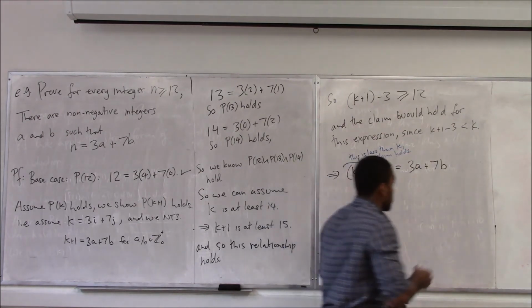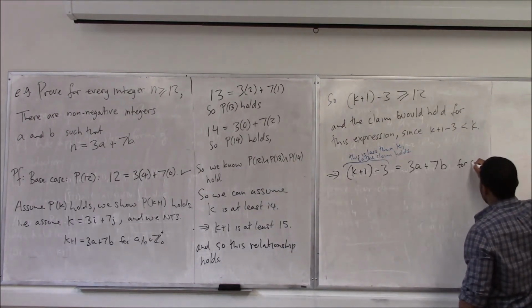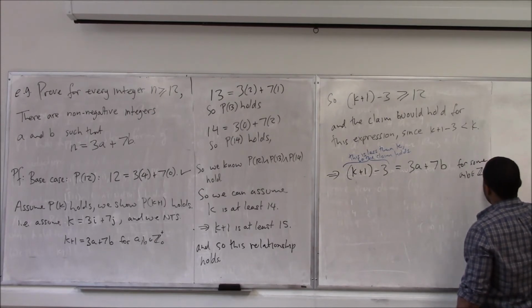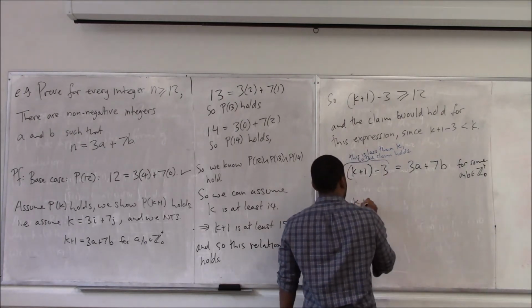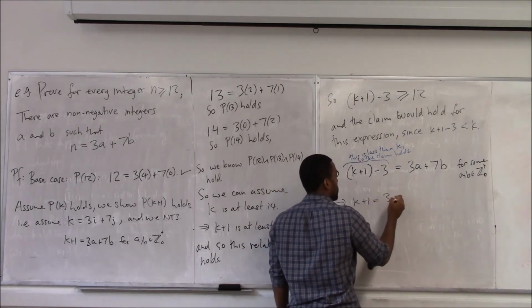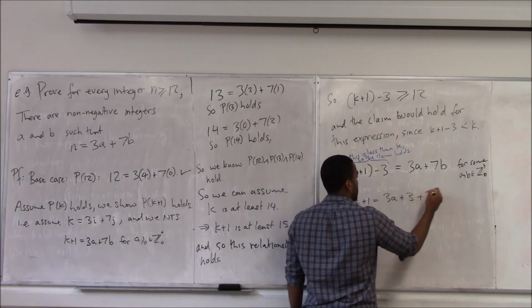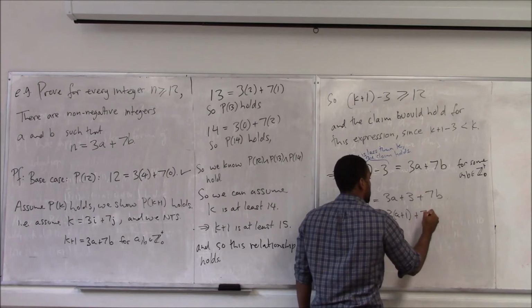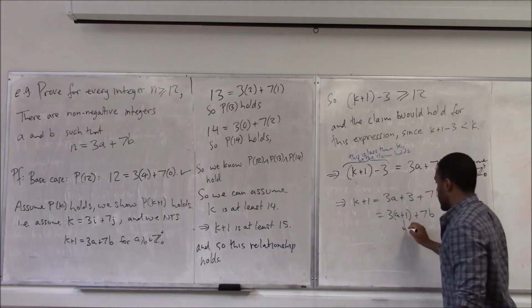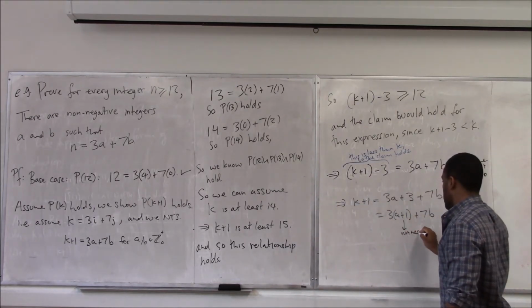So I can write this for some a, b in the non-negative integers, which means that I can write k plus 1 as 3a plus 3 plus 7b, or 3(a plus 1) plus 7b. This guy is non-negative since a is non-negative.